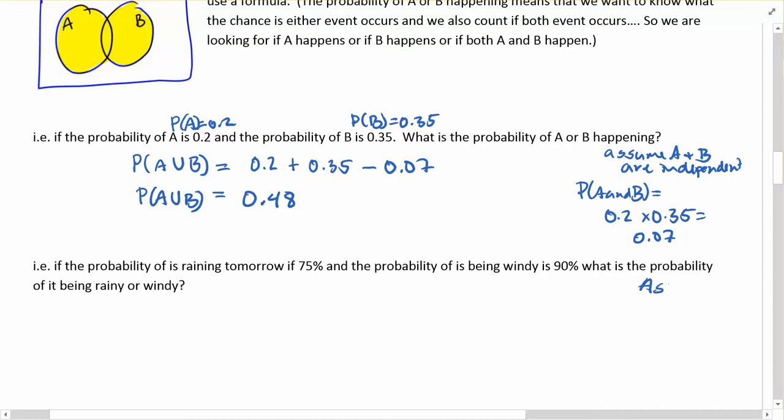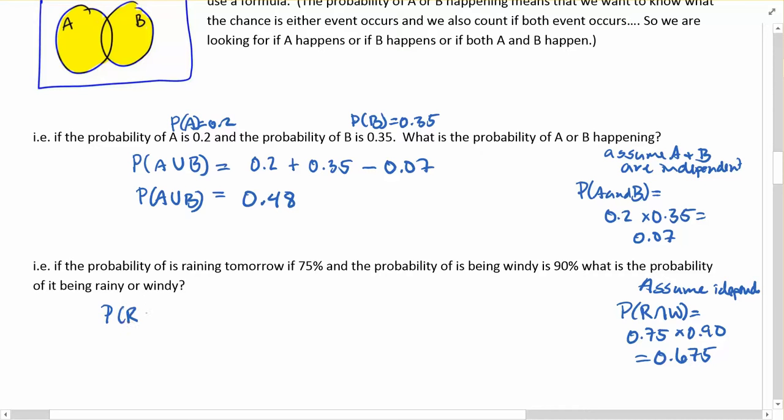If you're going to assume it, you have to write it: assume independent. So the probability of it being rainy and windy is equal to 0.75 times 0.9, which is equal to 0.675.